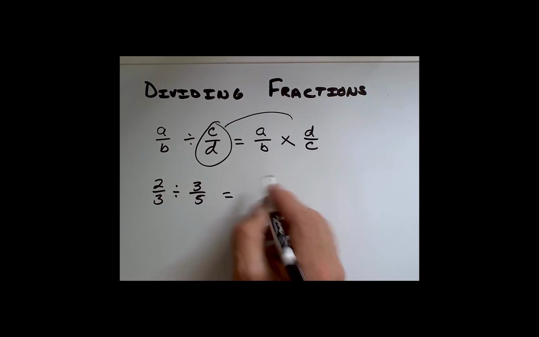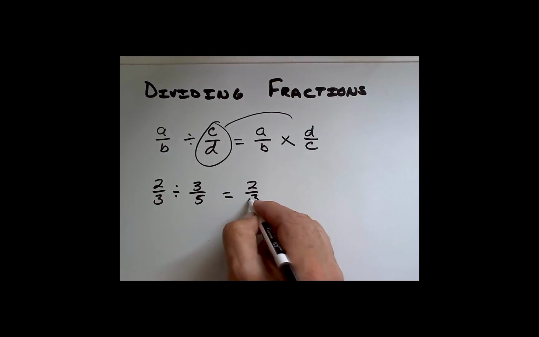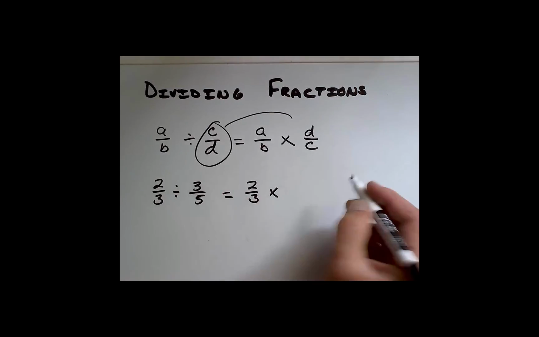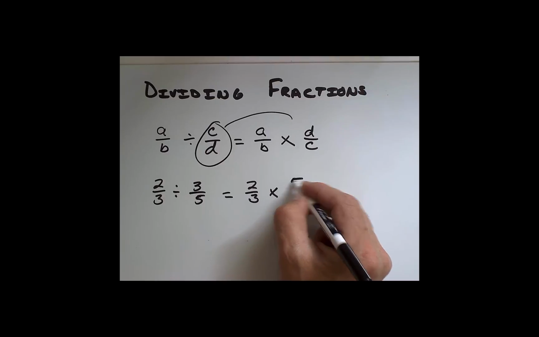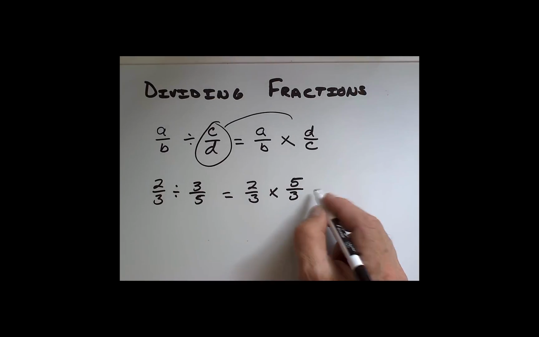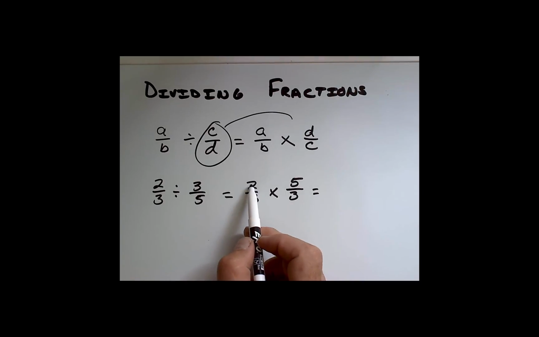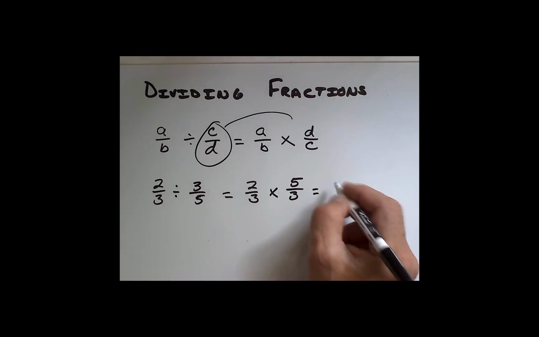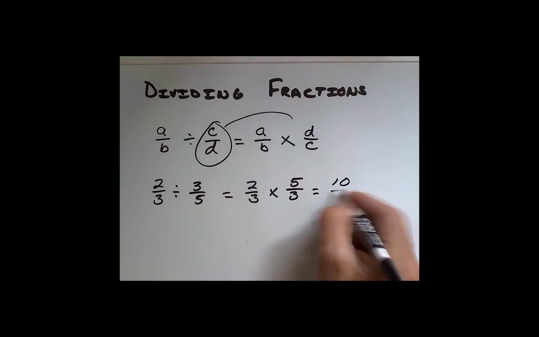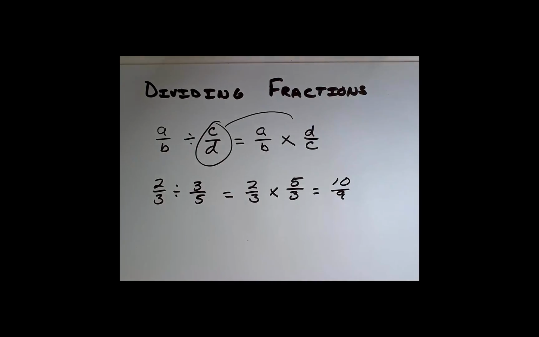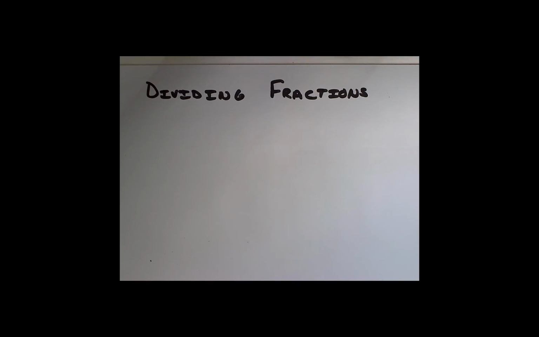So this is the same as saying 2/3 times the reciprocal of 3/5, which is 5/3. Now we can multiply this through. 2 times 5 is 10, 3 times 3 is 9, and that would be the answer to 2/3 divided by 3/5. Let's look at another example.